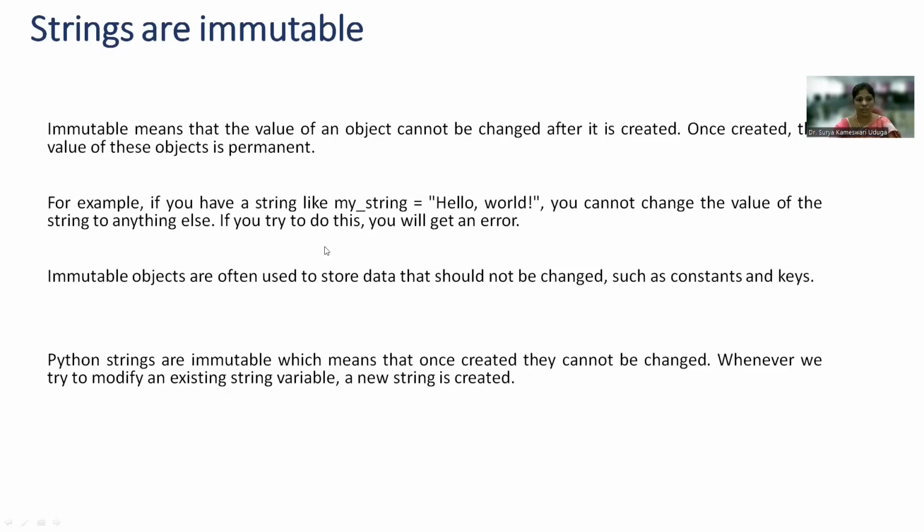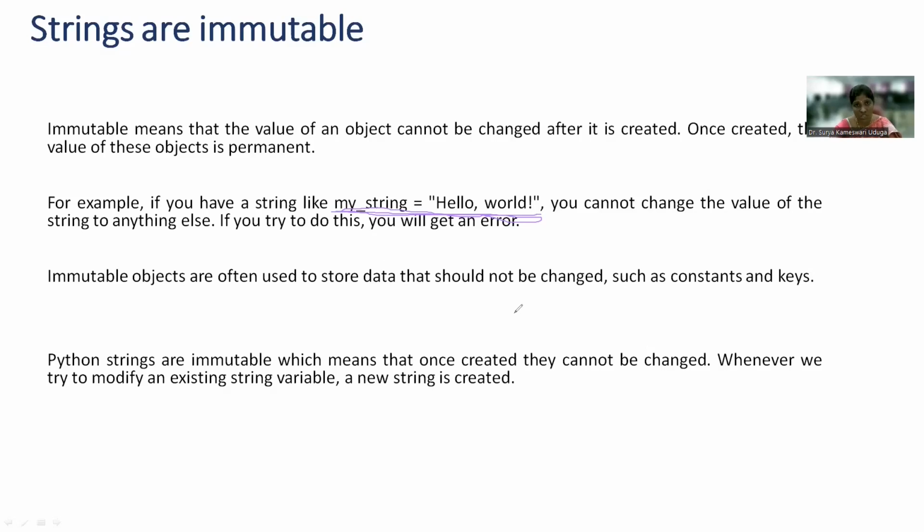Now suppose I take an example: my string equal to hello world. We cannot change the value of the variable my string. Always it contains the value hello world only.